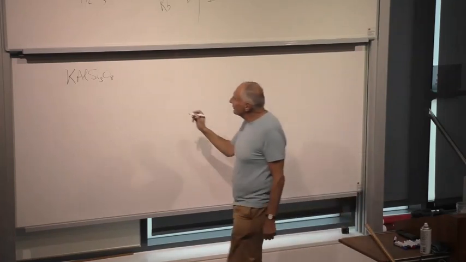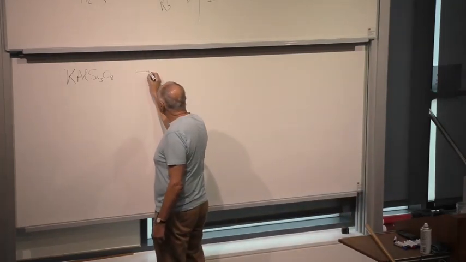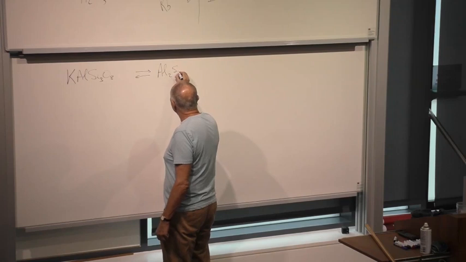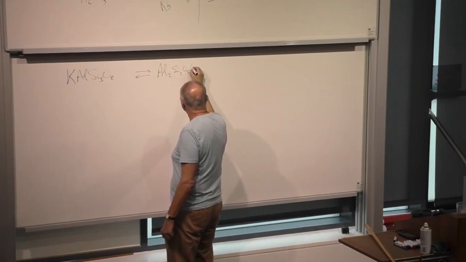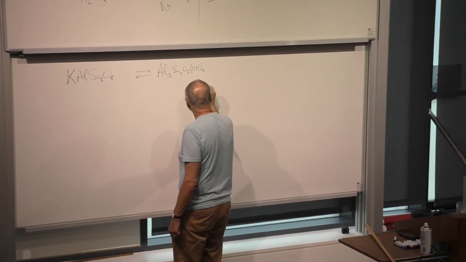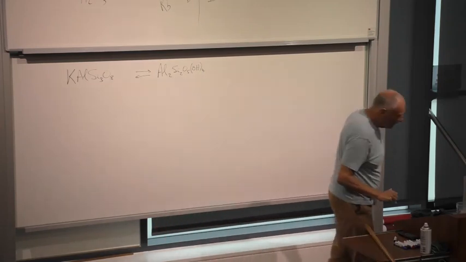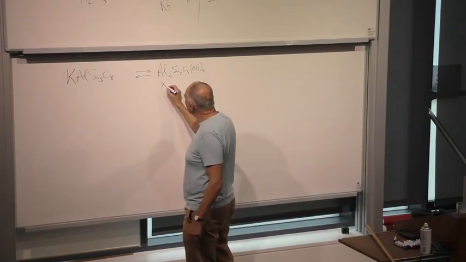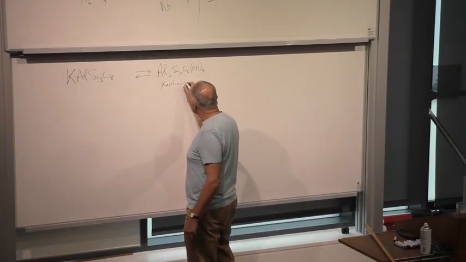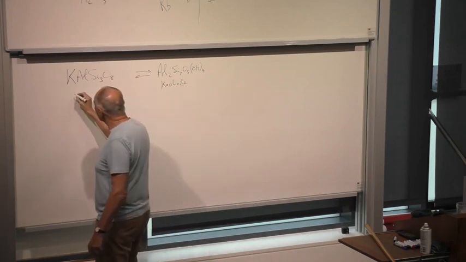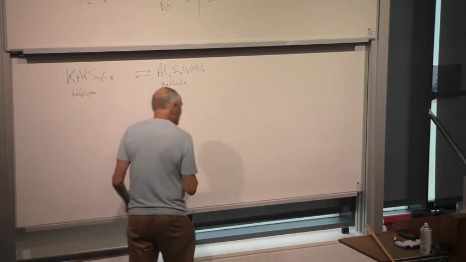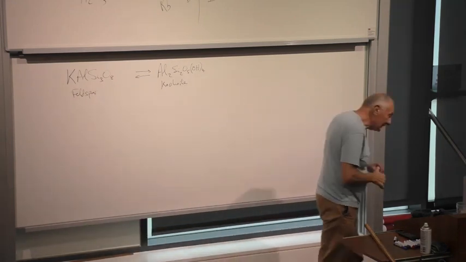And it breaks down to a white platy mineral called kaolinite, Al2Si2O5(OH)4. I always have to check that I have the formula correct because I don't look at it from one year to the next. So kaolinite, this is a common weathering product of feldspar. It's white and platy, and of course it's very important economically.